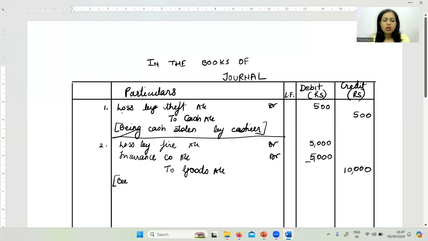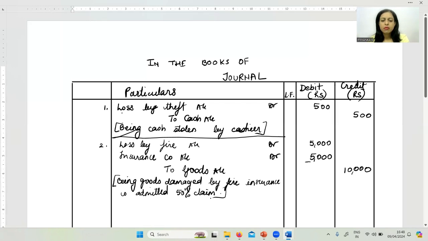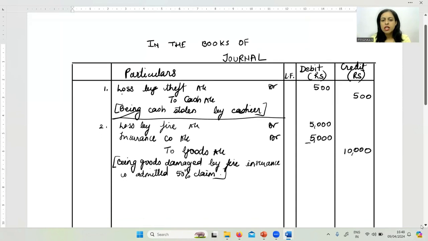So, being goods damaged by fire. Insurance company admitted claim of 50%. Right? So this is how you can journalize the transaction.